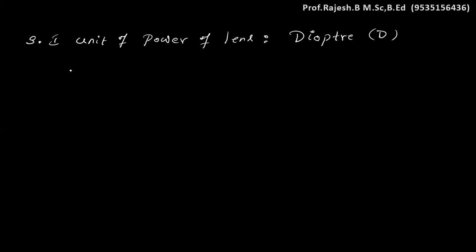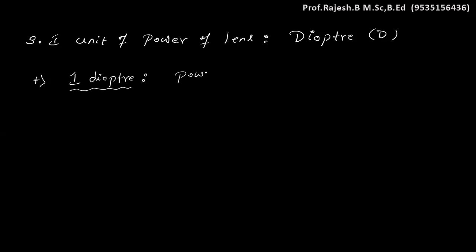So how to define a diopter? So definition of one diopter. The meaning of one diopter: the focal length must be 1 meter. That's it.